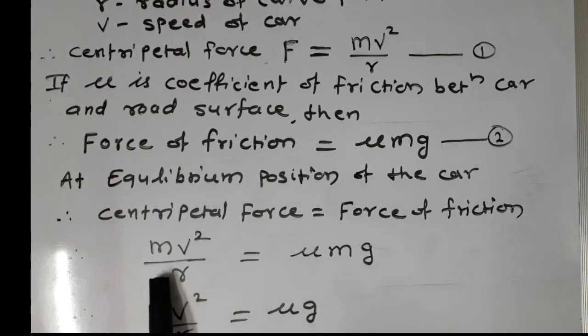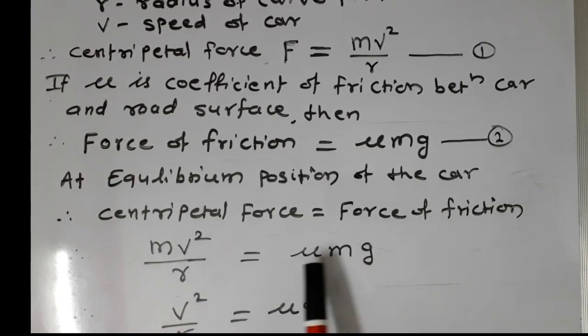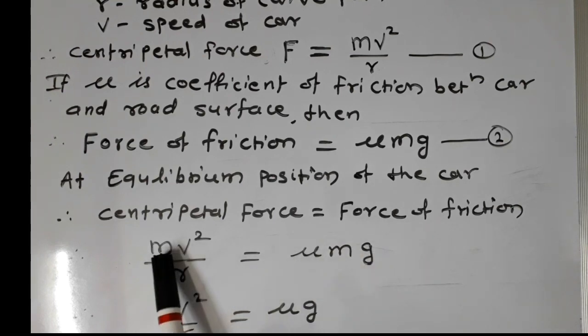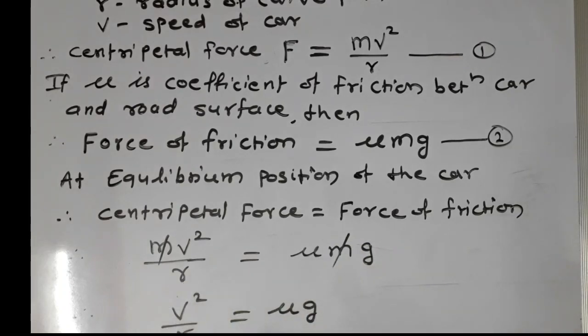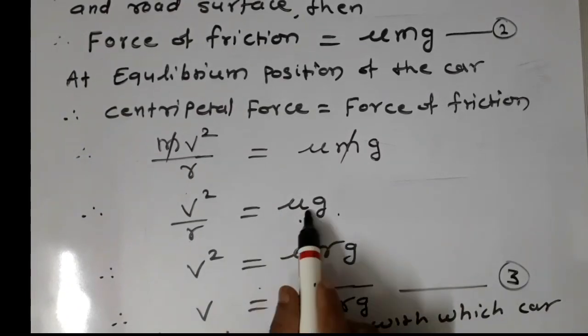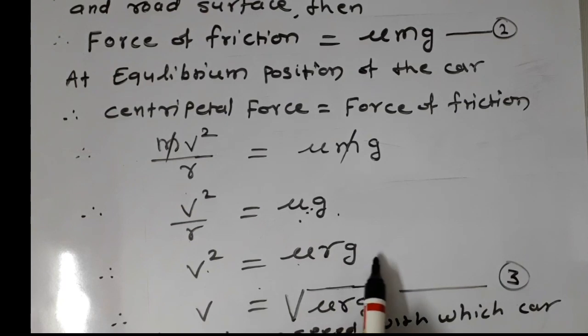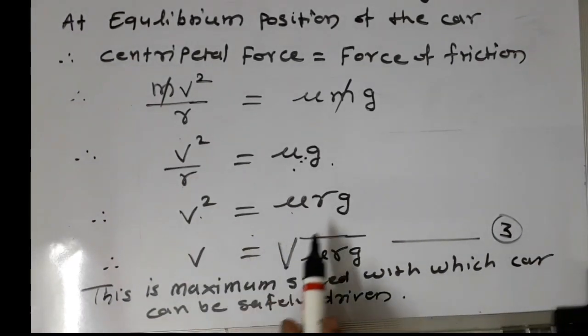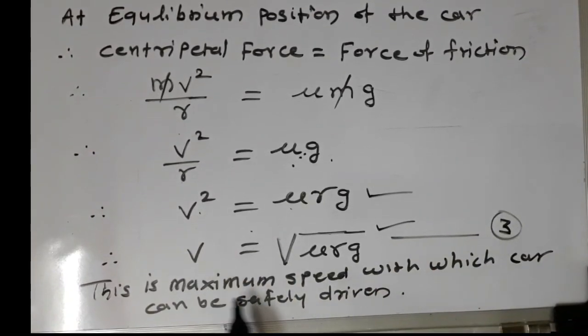So we can write mv squared upon r equals mu mg, and m gets cancelled. So v squared upon r equals mu g. Take r to the right-hand side, therefore v squared equals mu rg, or v equals under root mu rg. This is the maximum speed with which the car can be safely driven.